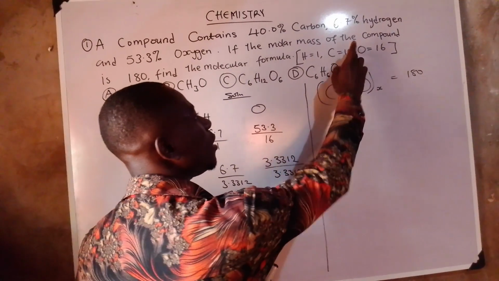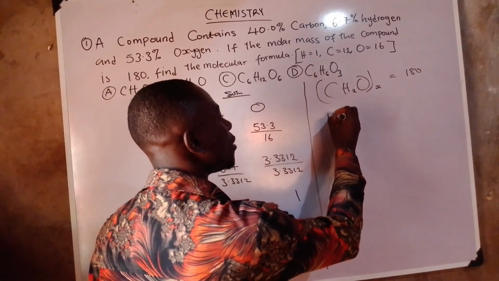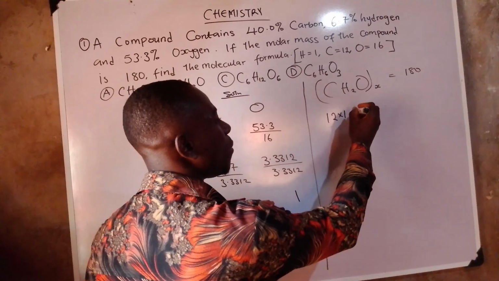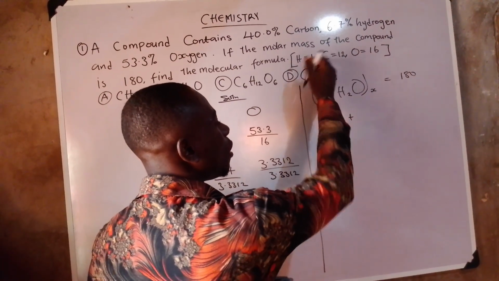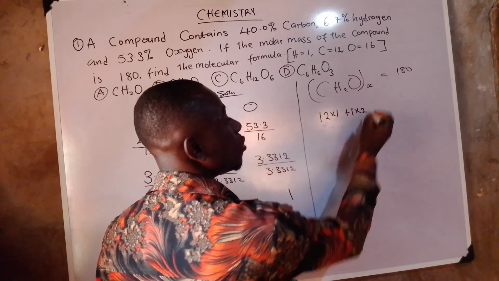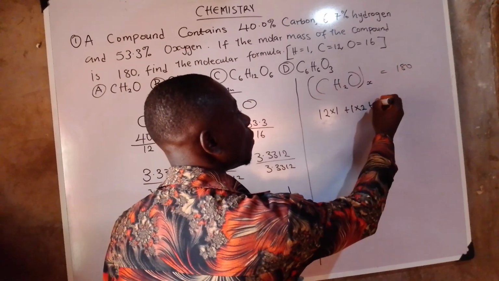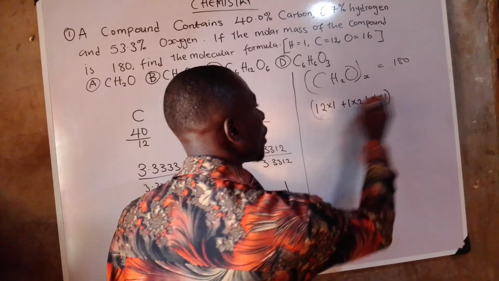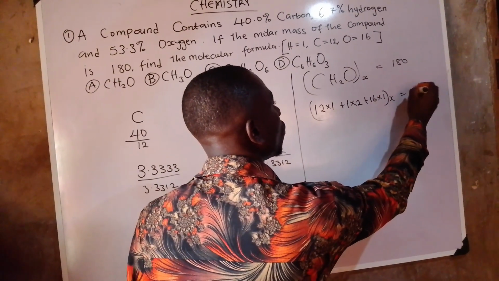So carbon has a relative atomic mass of 12. How many carbon atoms are in the empirical formula? 1. I multiply by 1, plus hydrogen, relative atomic mass of 1, times how many atoms in the empirical formula? 2, plus oxygen with a relative atomic mass of 16 times how many? 1. All in bracket multiplied by x is equal to 180.